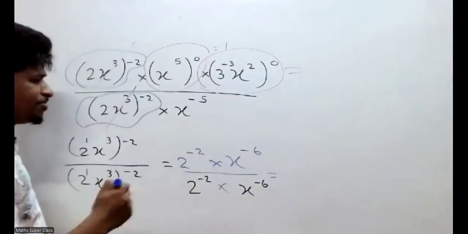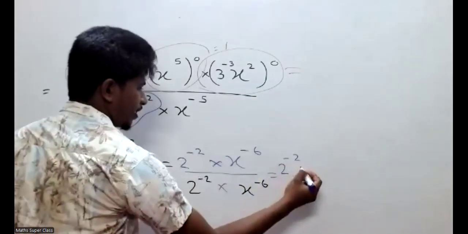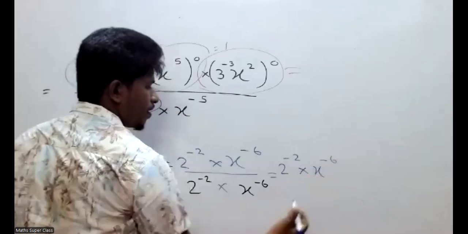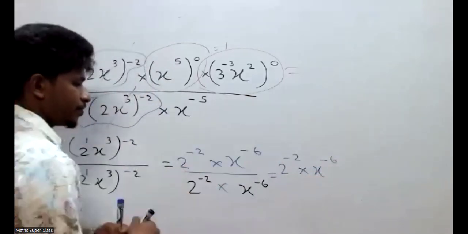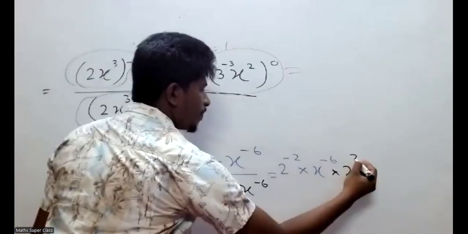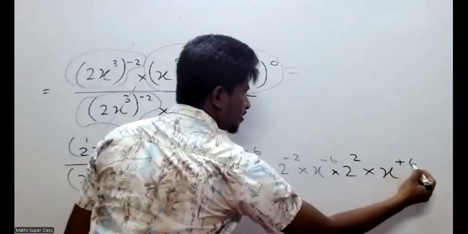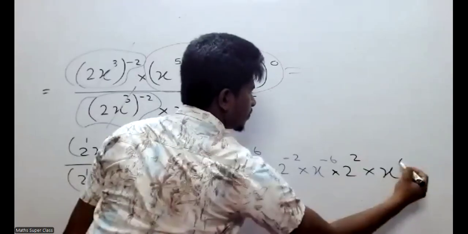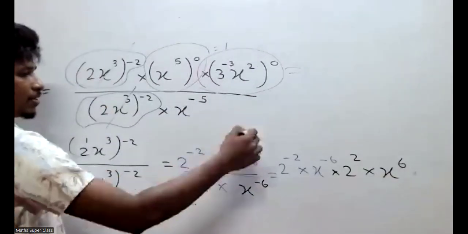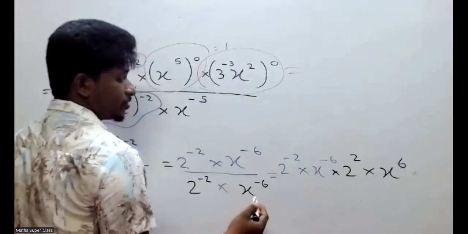Now, Dylan, these two are here, keeping the same. Now these two: 2 to the power plus 2 into x to the power plus 6. This minus 2 becomes plus 2, and plus 6 becomes minus 6.